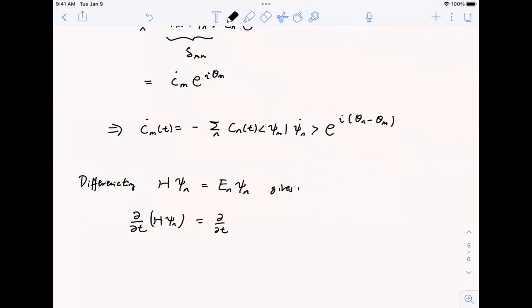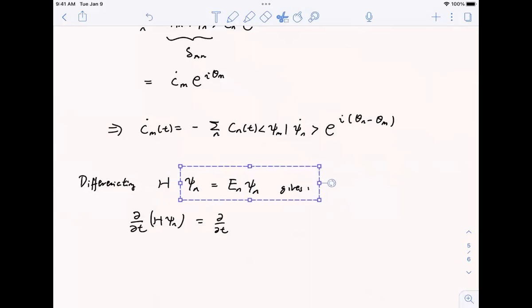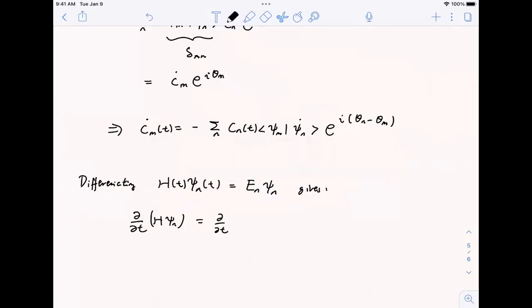By the way, all of these are time dependent. Probably I copied the time independent equation, but anyway, here we're using the time dependent equation.